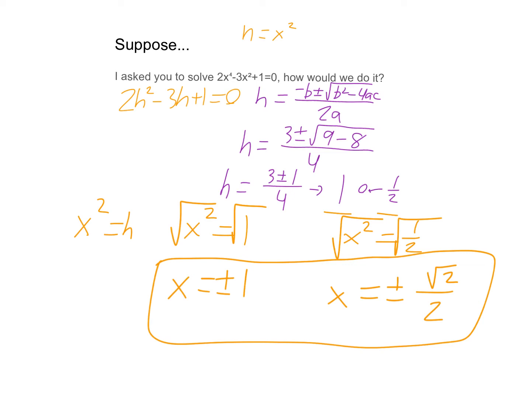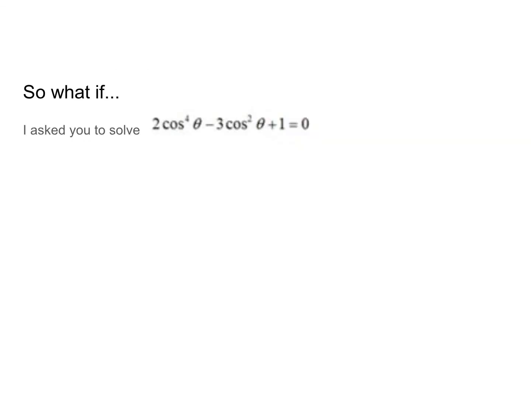I bet you can guess what comes next. Solving for cosines to the 4th power. So 2 times cosine to the 4th power of theta minus 3 cosine squared of theta plus 1 equals 0. Once more, I'm going to pull up my variable h. I'm going to say that h is equal to cosine squared of theta.